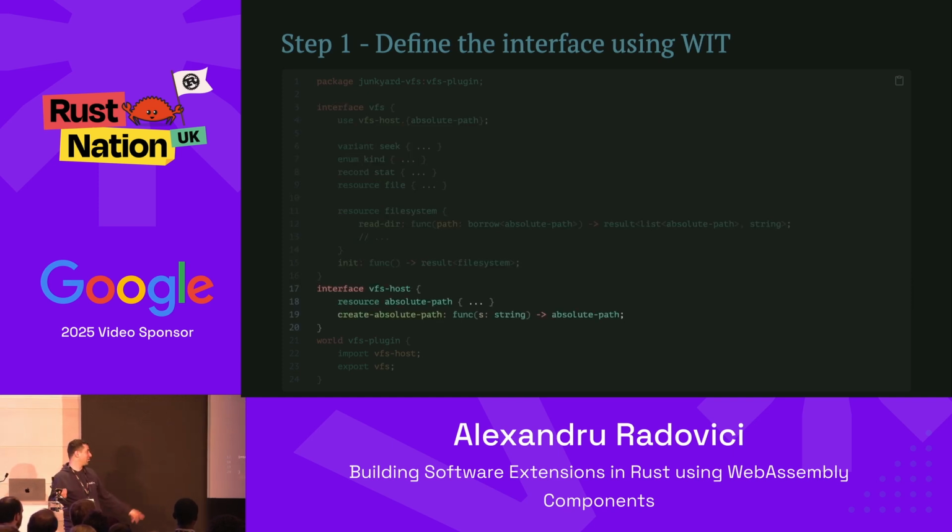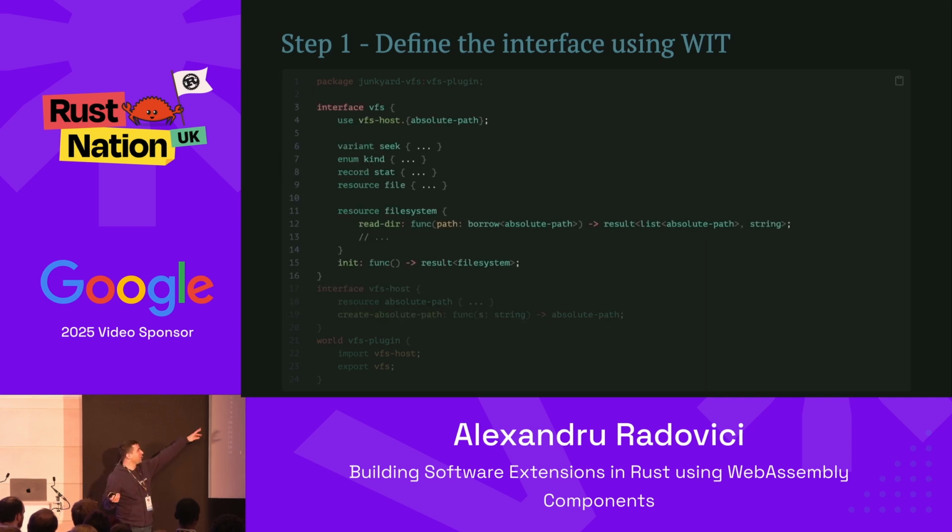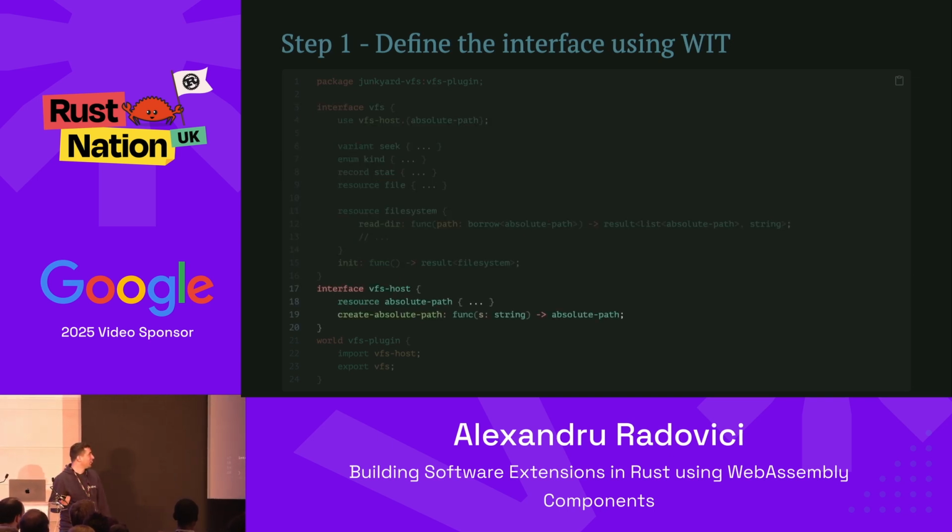So I'm declaring it here because the path actually needs to be implemented by the host, but I can use it here. The use statement is strange. I mean, you need to put the name of the interface, dot, and then braces are compulsory. This changed a lot. During the last 4 years, the spec for the WIT file changed every month. So now it's stable.